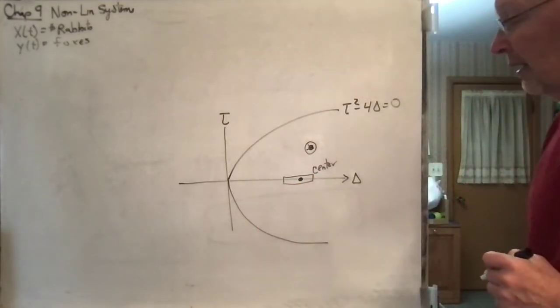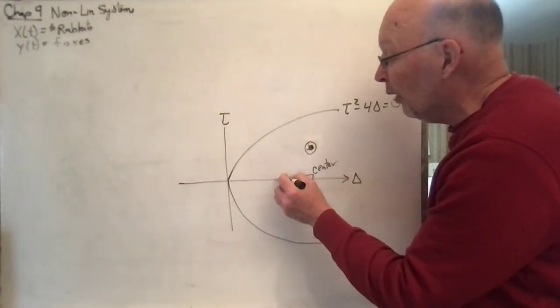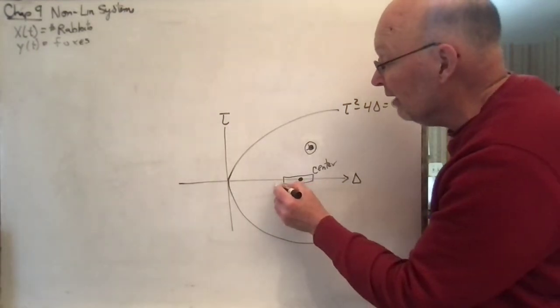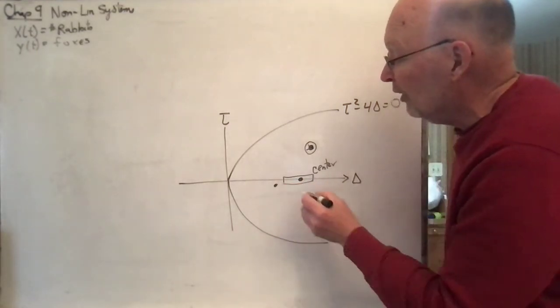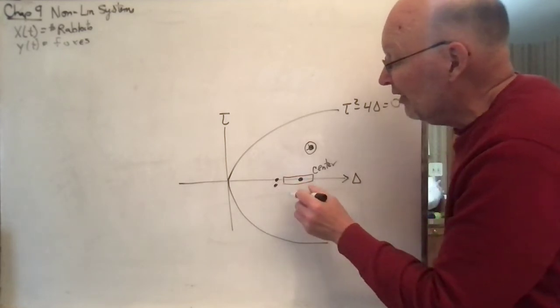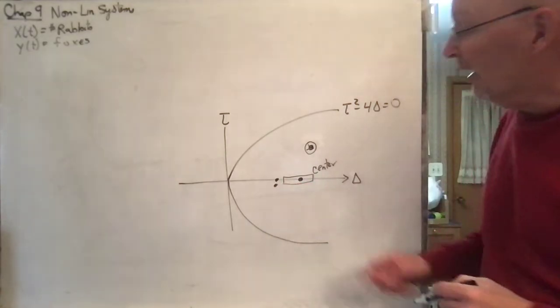But if when you linearize it, you happen to end up right there on that line, then it could be that your real system was maybe over here, and when you linearized it, it ended up right there. So even though they're very close together, they're going to have two different kinds of behavior.